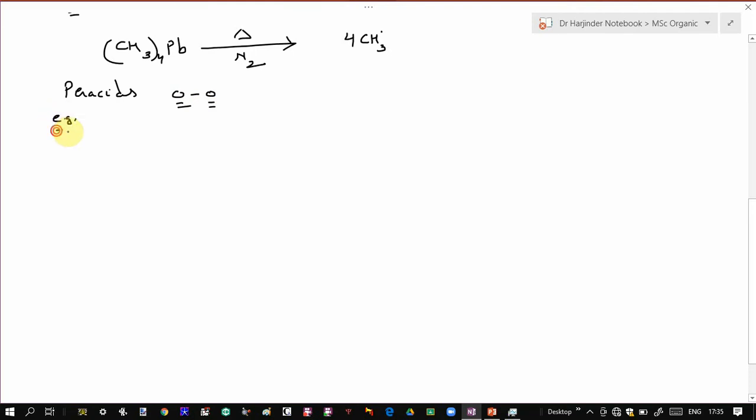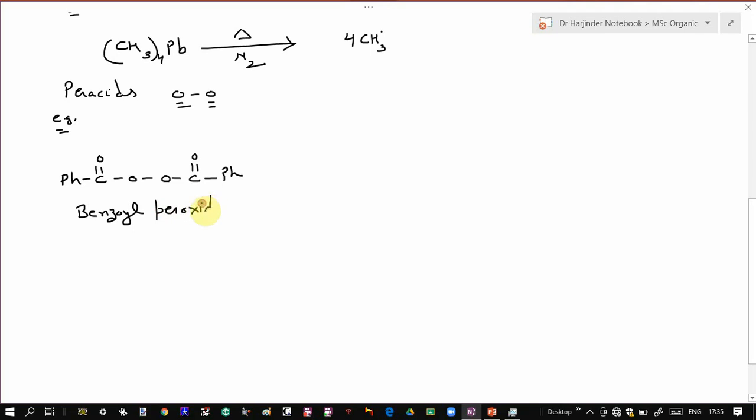For example, if you have benzoyl peroxide, what is benzoyl peroxide? It is phenyl, C double bond O, single bond oxygen, C double bond O, phenyl.